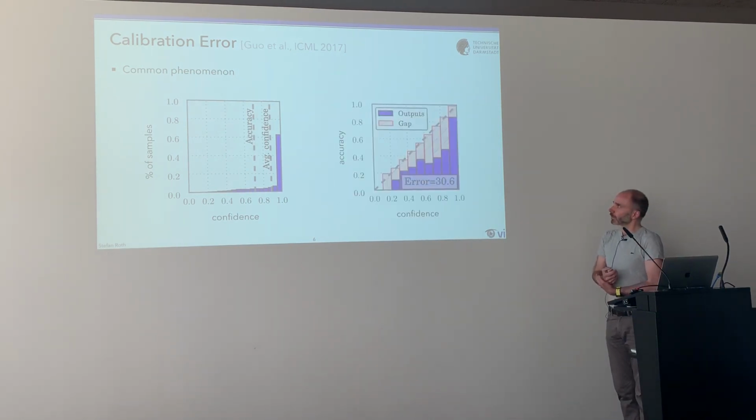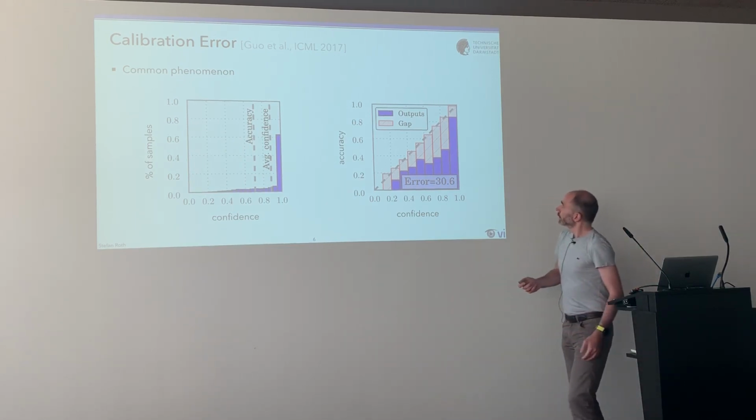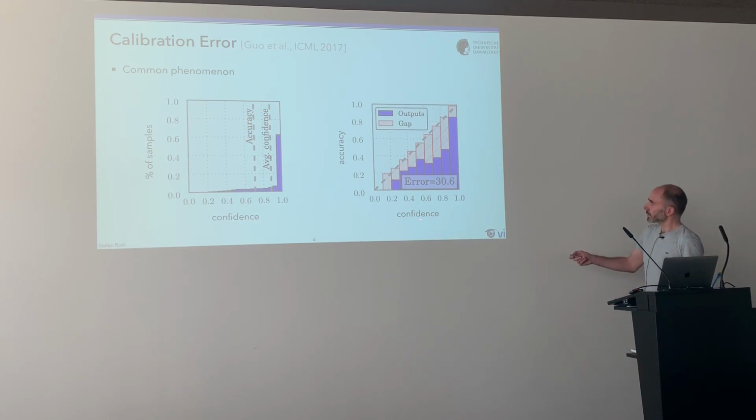And a different way to look at the same is to graph the confidence against the accuracy. So what you see here is if the confidence were to correctly reflect the accuracy of that particular type of data, then we would be on this diagonal. Yet the actual histogram over the confidences falls well below that.